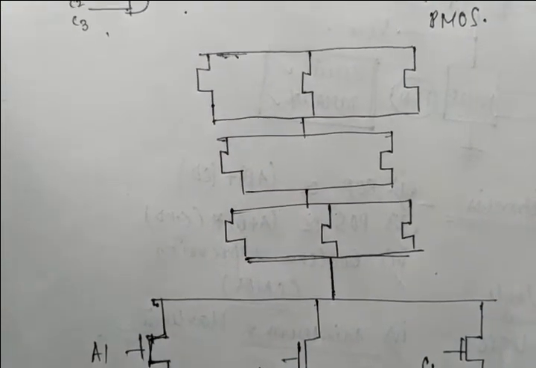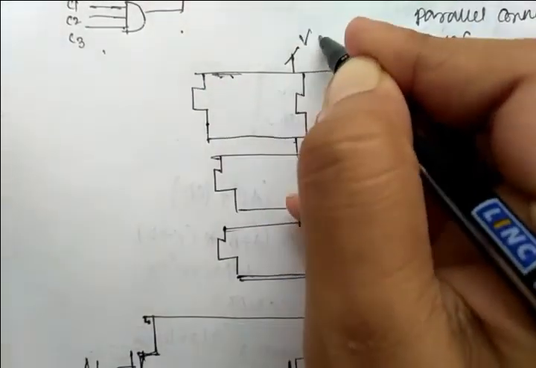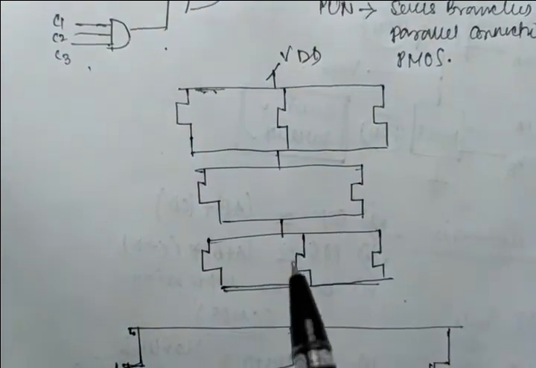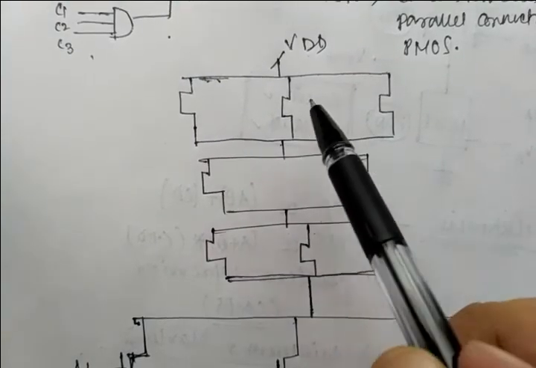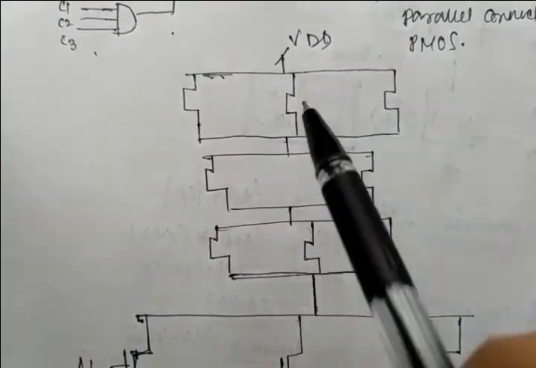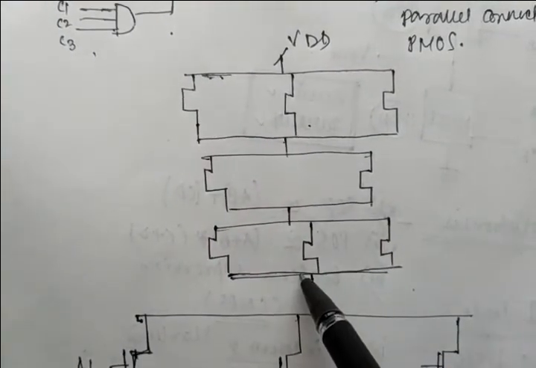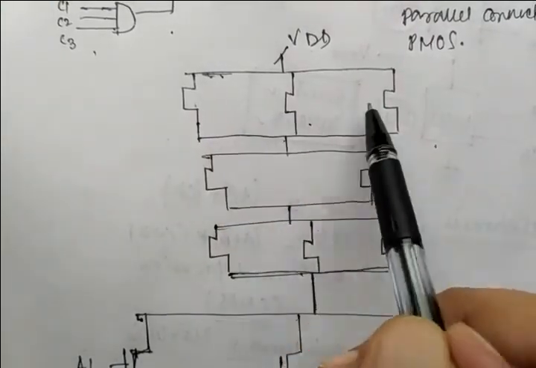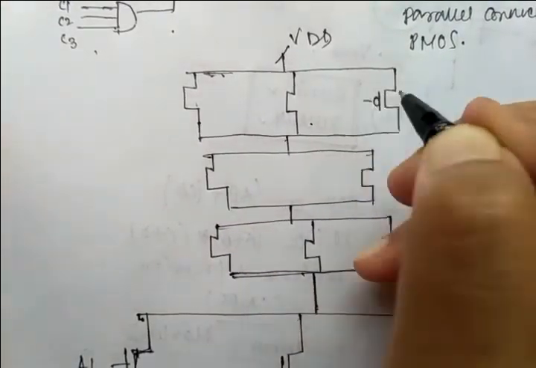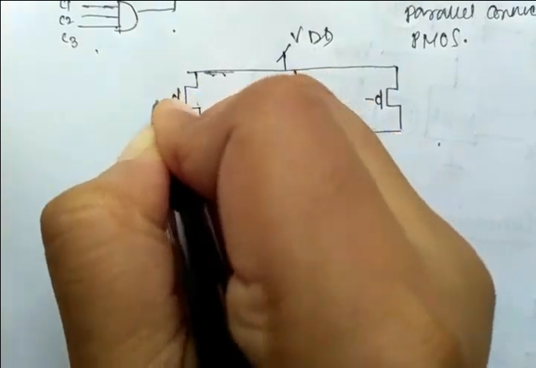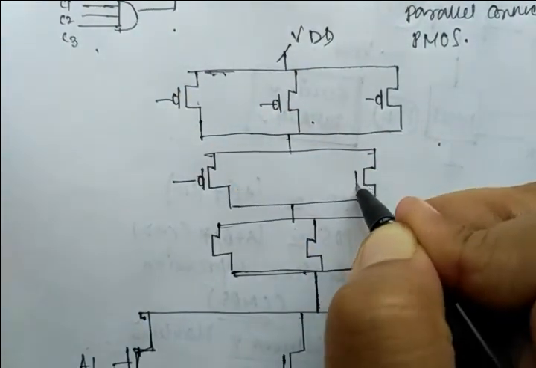Yes, so this is your pull up. Yes, it's VDD. Okay, so the upper portion will be series branches. See, series branches, all are connected in series but parallel connected. All PMOS are connected in parallel. Please note it symbolically, because symbolic representation is most important.